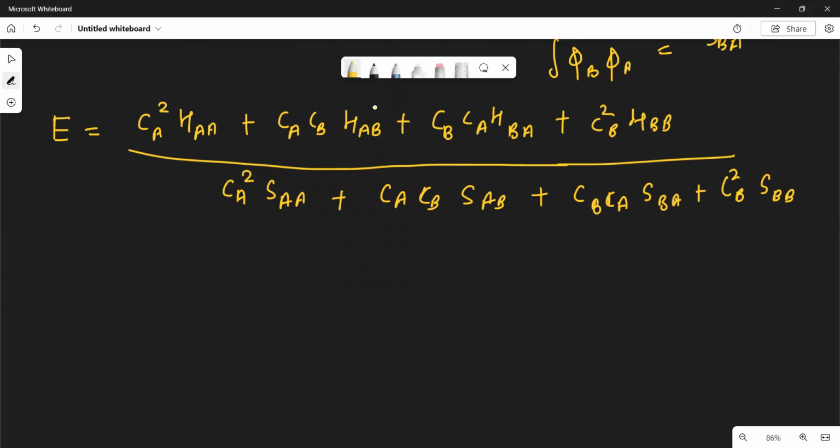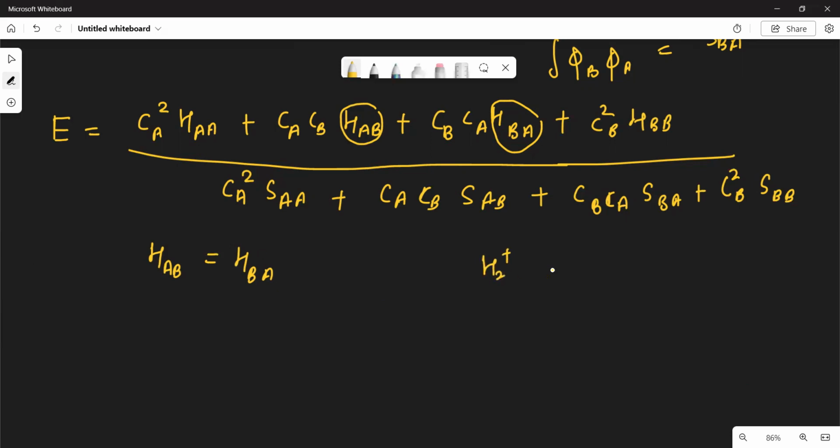Now students, here we have two notations, HAB and HBA. These are equal. We consider these notations equal because we are solving for the H2 plus ion.